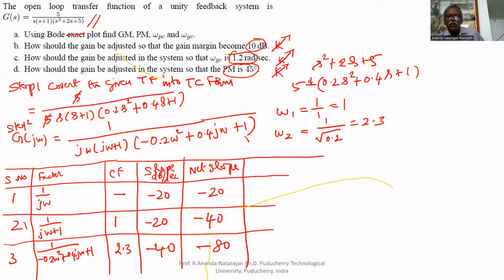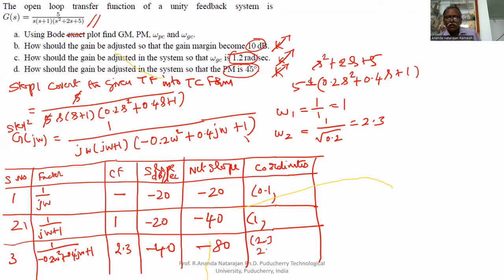Now we have to write the coordinates. If you know the coordinates, we can draw the Bode plot. The coordinates are, what is the lowest corner frequency? 1. Therefore, we have to start with 0.1. Here 1. Here 2.3.